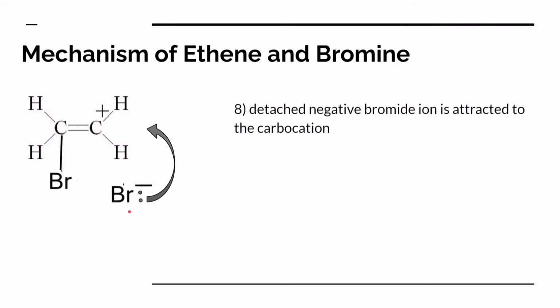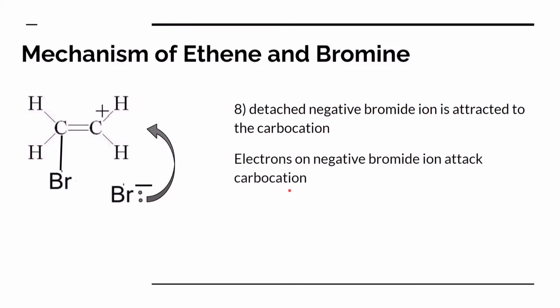So this detached negative bromine ion will now be attracted to the carbocation, and this is because opposite charges attract. So this negative bromine is attracted to the positive carbon ion. And so the electrons on the bromine ion attack the carbocation, and this is shown through the curved arrow again.